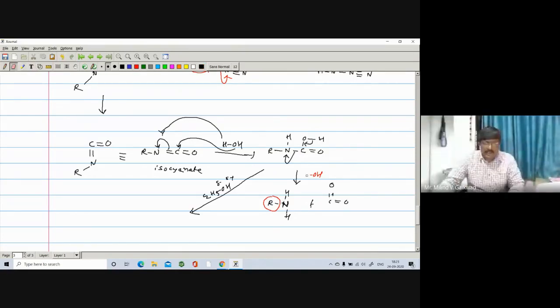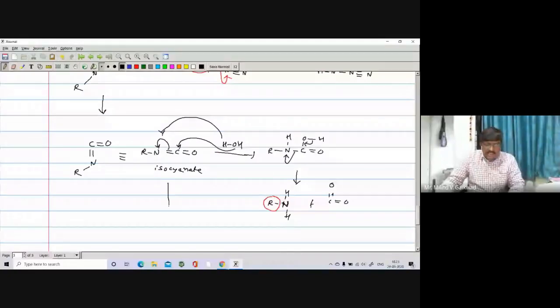So if you start from the isocyanate, and if you attack instead of water, that is C2H5OH, then in this case you are getting R, N, here is a C double bond O, like this one, N negative, H positive, and here is a O, C2H5.